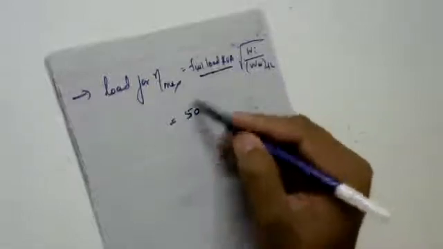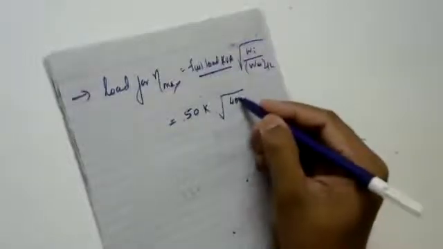Now I know the value of full load kVA is 50 kVA. So 50k and the root of Wi is 400 divided by copper loss 600. So you can compute the load.